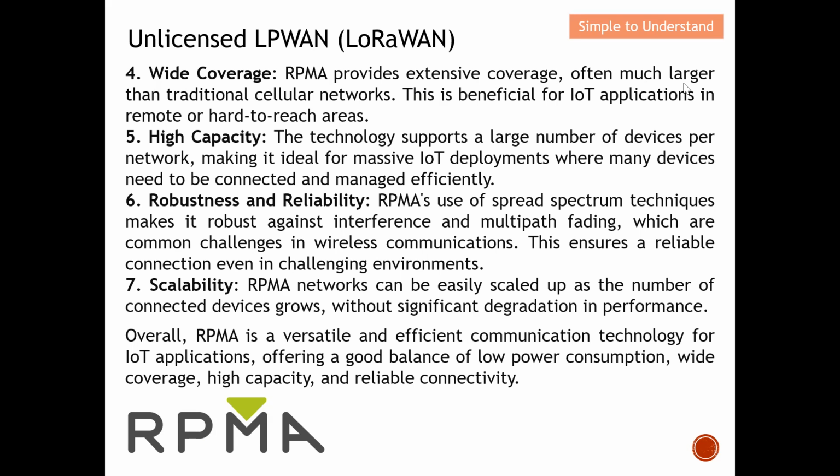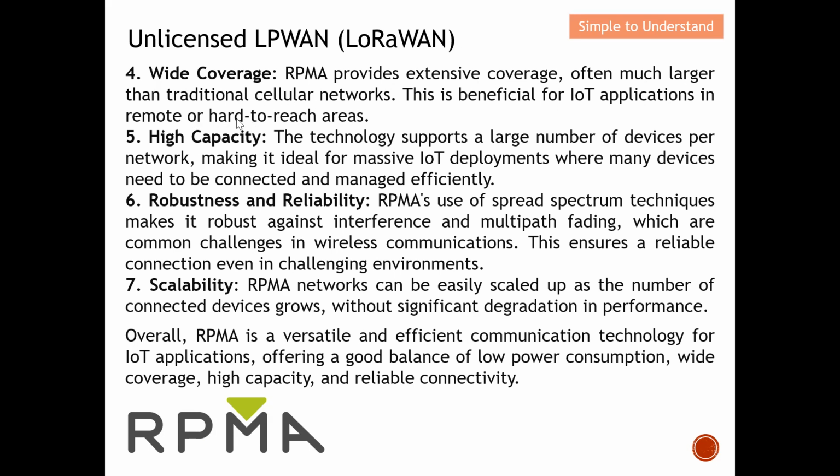In fact, it offers much larger coverage than traditional cellular networks. Remember, this means 4G, 3G, or 2G, but not NB-IoT. So RPMA can provide a longer range as compared to traditional cellular networks. This is beneficial for IoT applications in remote or hard to reach areas.